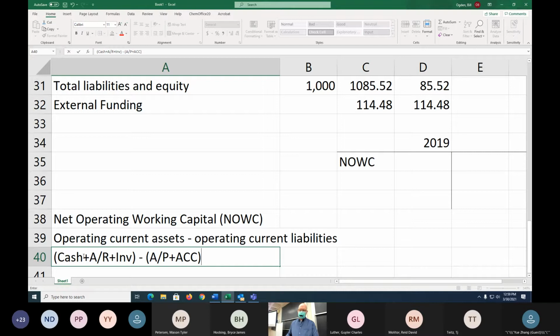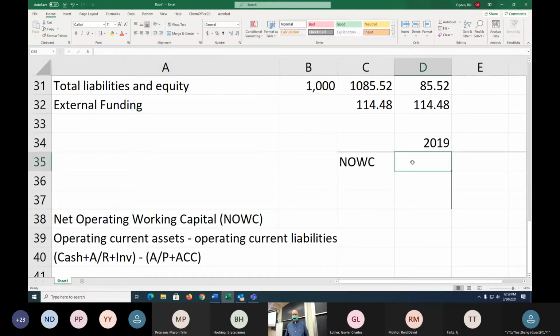Okay, so let's do our net operating working capital for 2019.